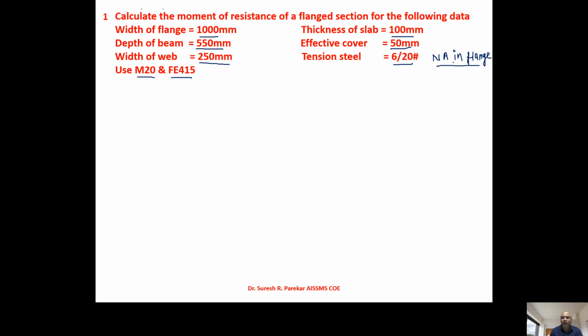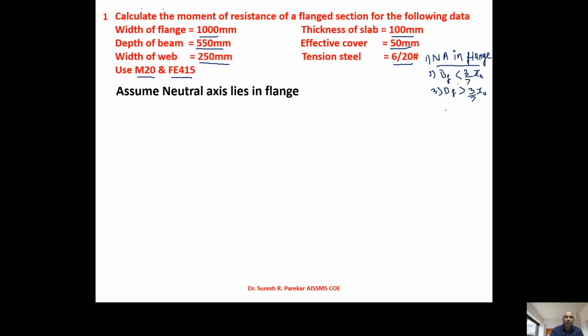If not satisfied, then you go to the second case, where we consider DF less than 3/7 of XU. And if this is also not satisfied, then only you go with DF greater than 3/7 XU. You have to follow this so that you can analyze it easily.